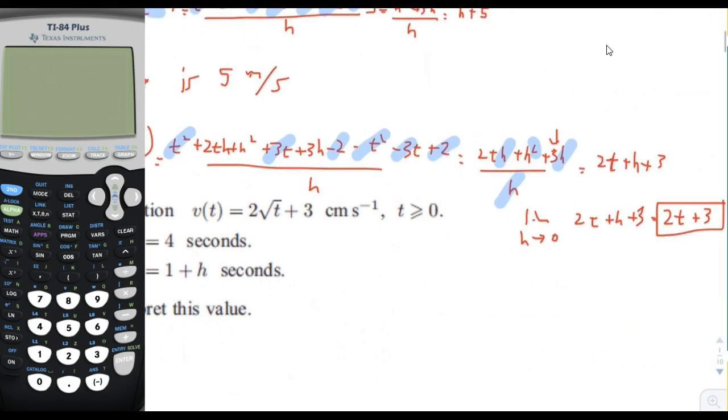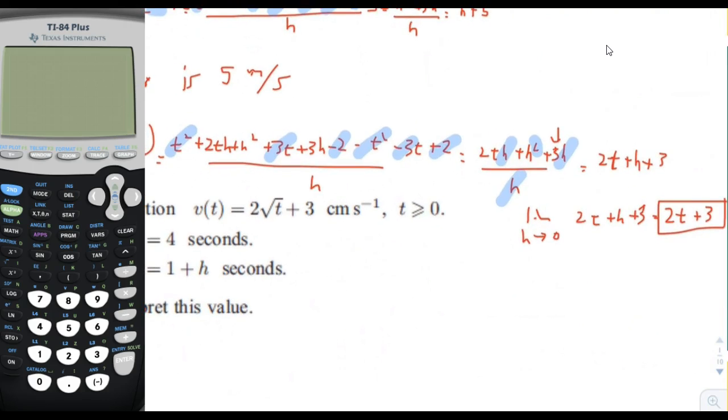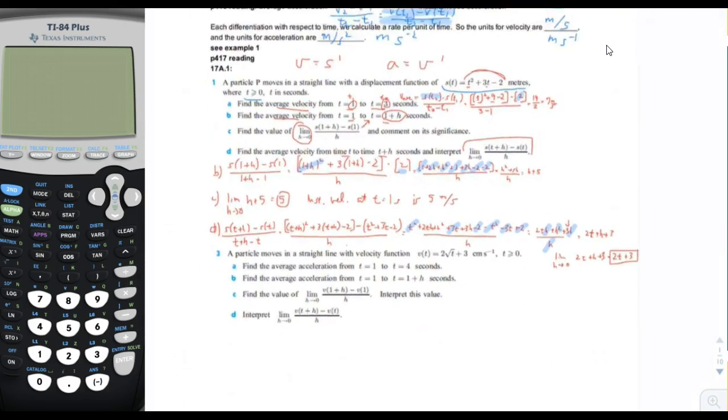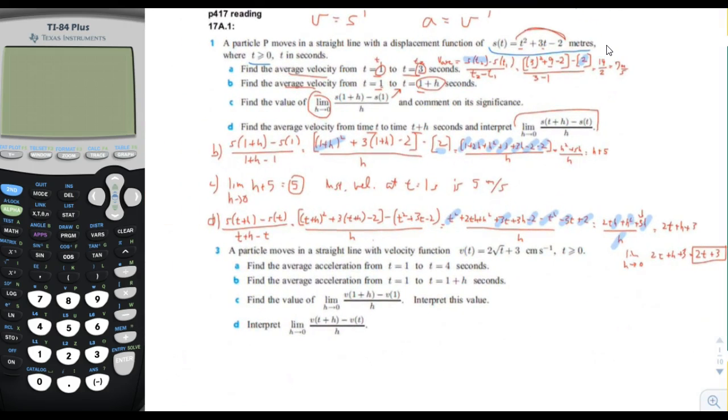Okay, and then it says discuss the meaning of that. Now the meaning of that would be the instantaneous velocity at time t.